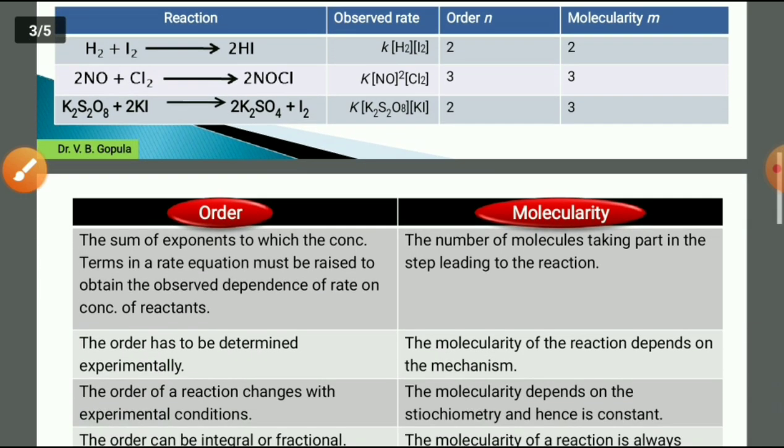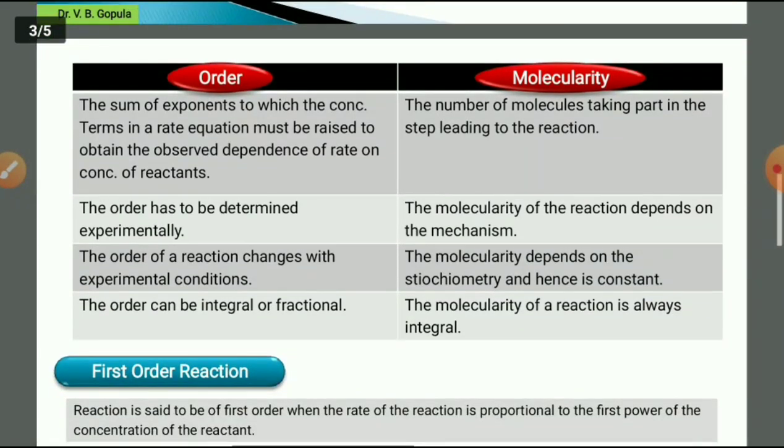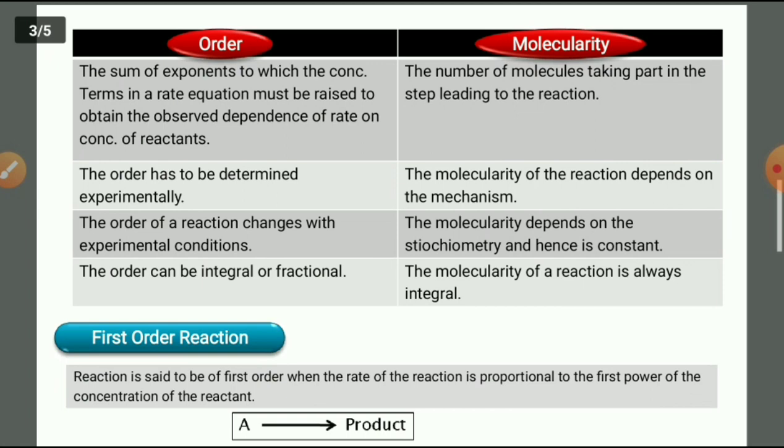Now let's see the difference between these two, molecularity and order of reaction. The order of reaction is the sum of the exponents to which the concentration terms in a rate equation must be raised to obtain the observed dependence of the rate on the concentration of the reactant, while the molecularity is the number of molecules taking part in the steps leading to the reaction.